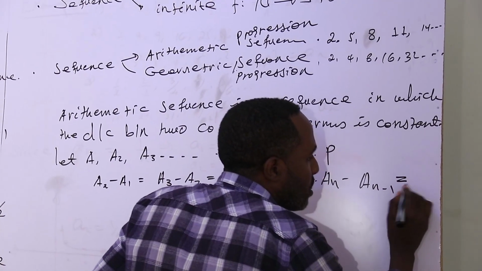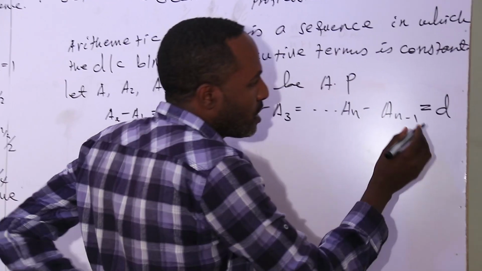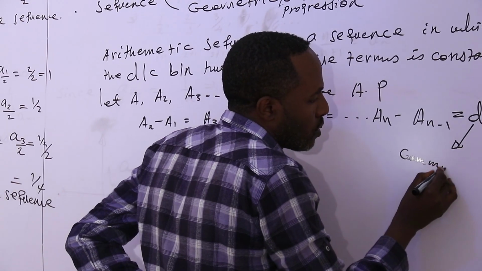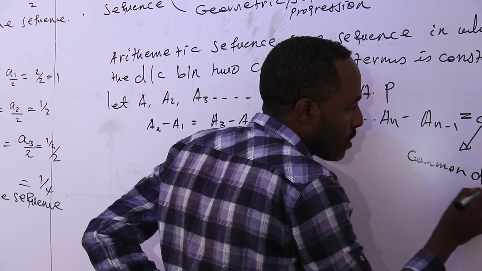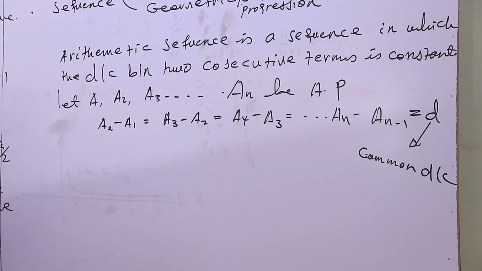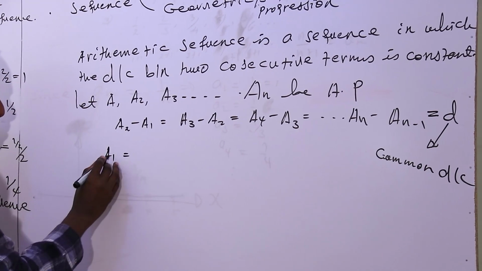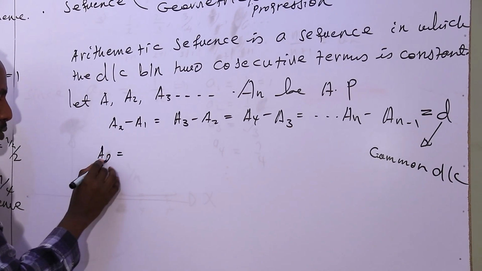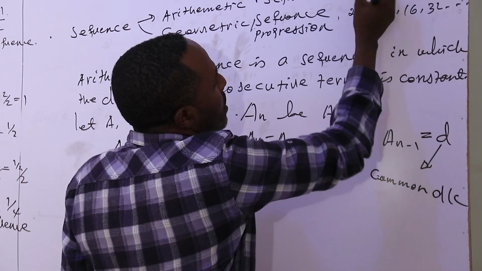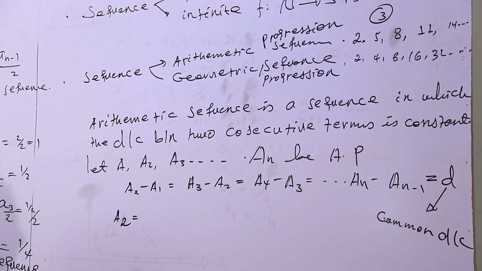This constant number is what we call the common difference. We call this number the common difference, say D, which means we can express it here. If the difference between all these is say 3, we can add it here.